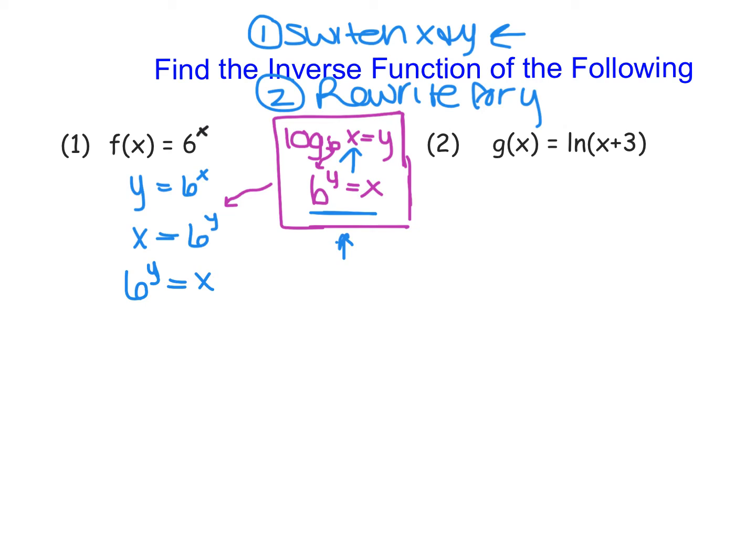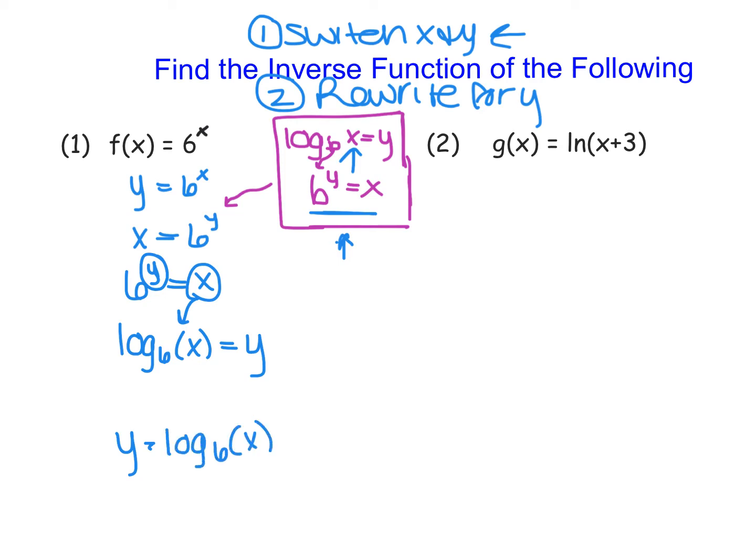Here we're going to take the logarithm of base 6, because that's the base of our exponent. This x is going to go inside of the logarithm, and that's going to be equal to what was in the exponent, which is y. So our new function here, which is the inverse of f of x equals 6 to the power of x, is log base 6 of x.